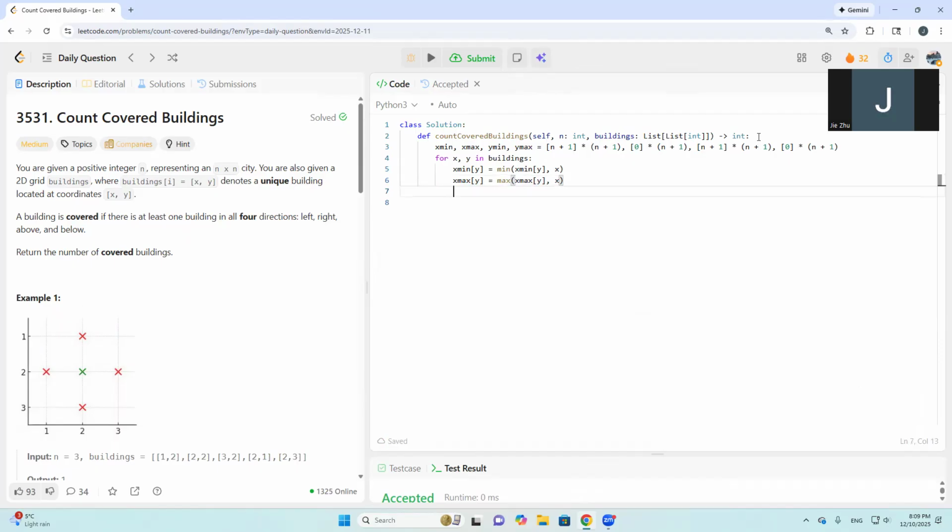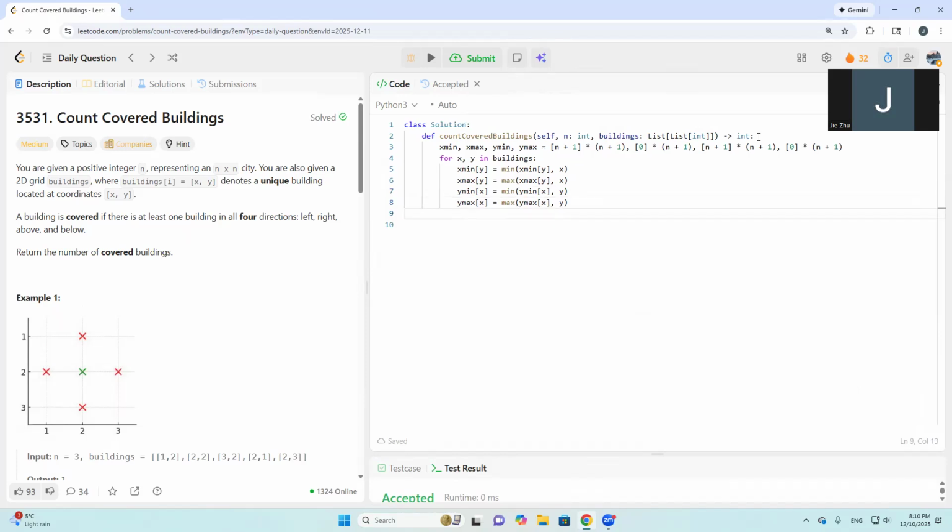Y min x equals min of y min x and y, and y max x equals max of y max x and y.